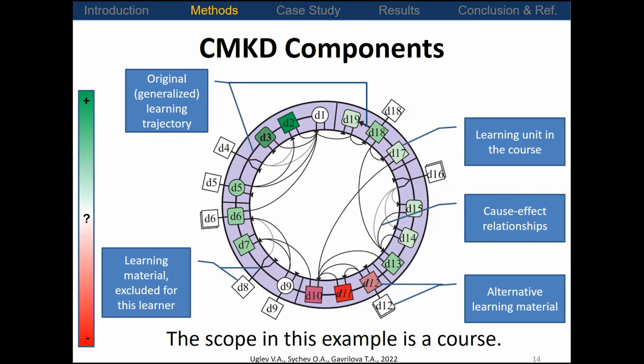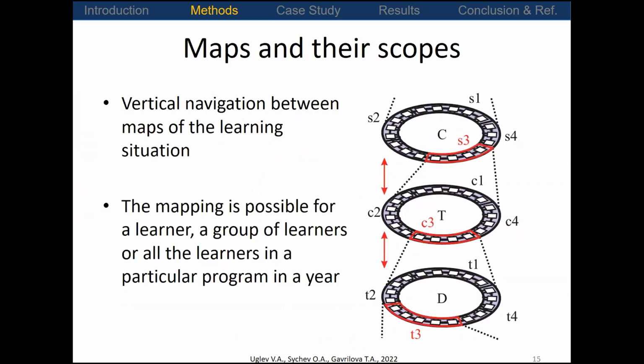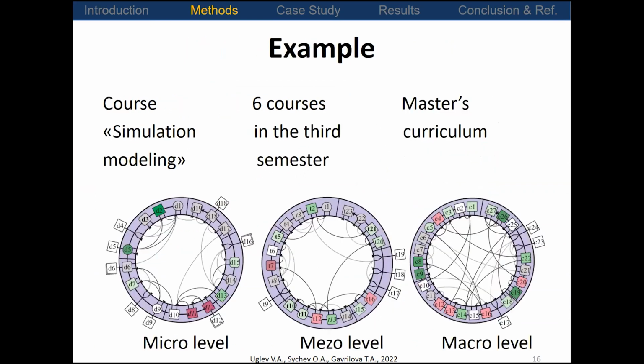The slide shows the relationship of maps for vertical scope levels. Such a mapping is possible for the learner, a group of learners, or all the learners in a particular program in a year. Consider as an example the discipline simulation modeling.